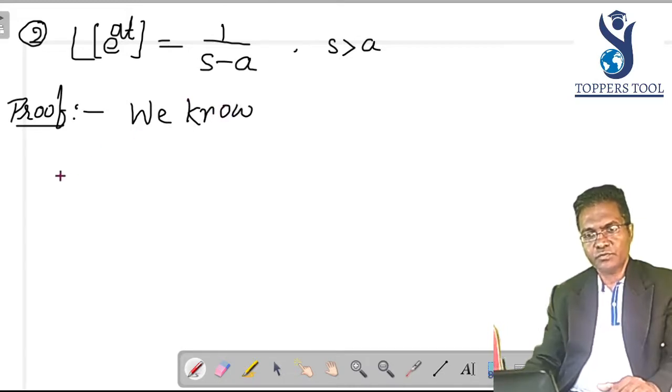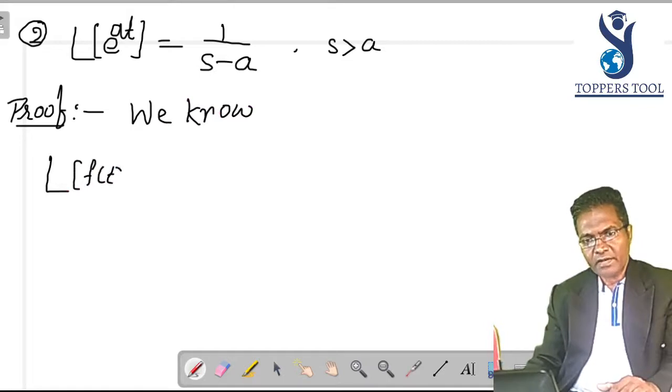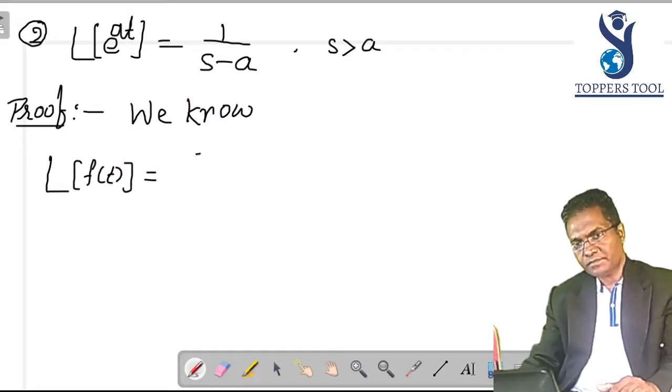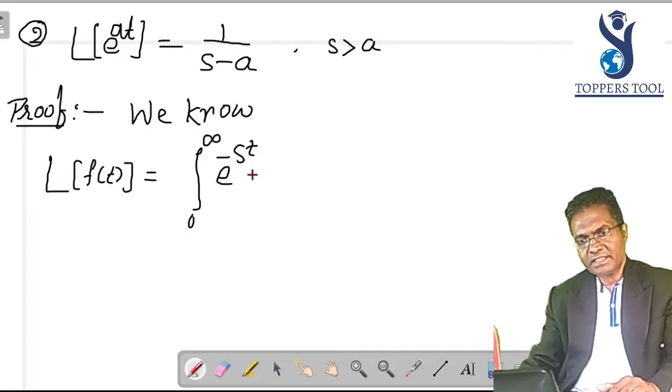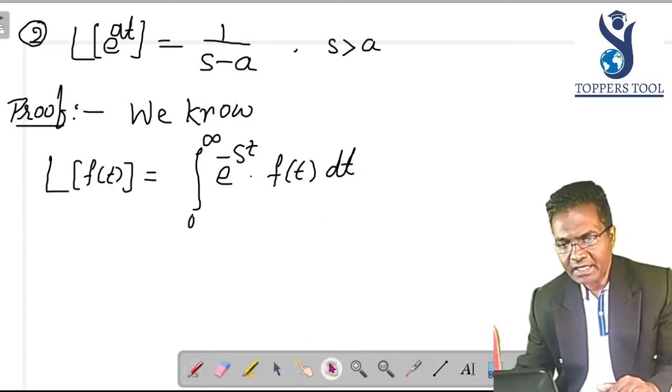So we know L of f of t is equal to integration 0 to infinity e power minus st f of t dt.